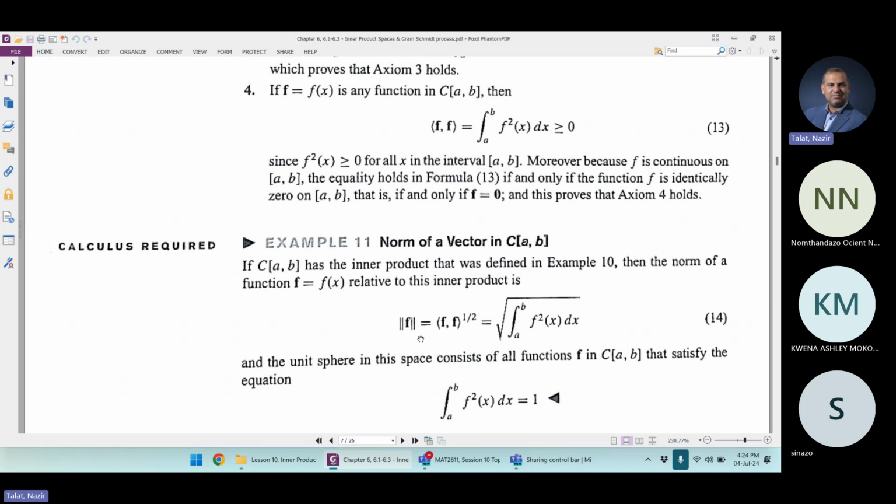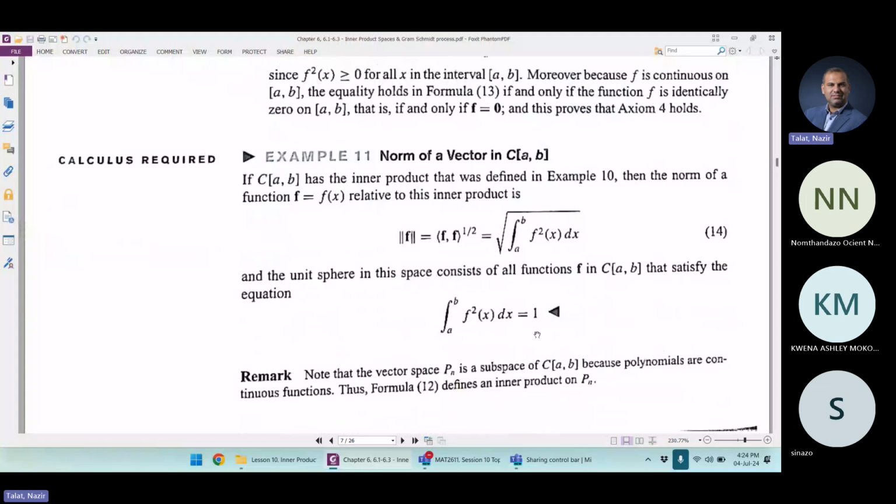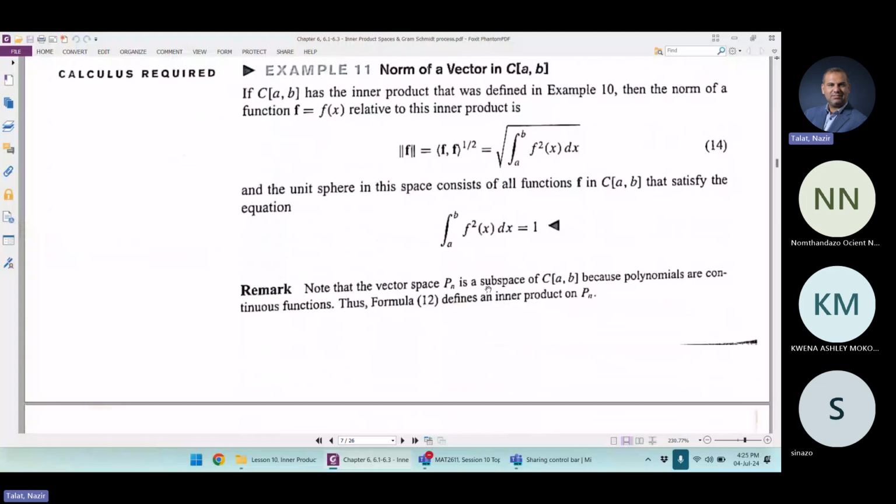This gives us the norm of a function. And moreover, if the norm is equal to 1, then we call it a unit function, or a unit vector.